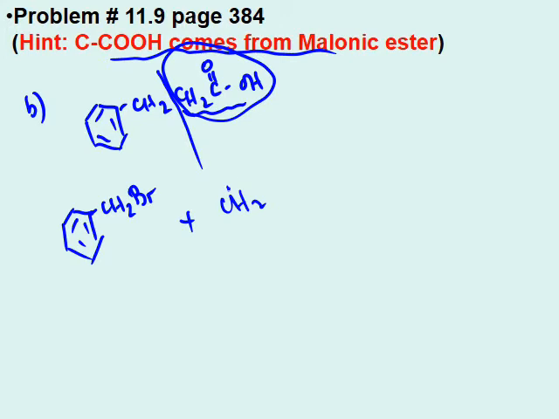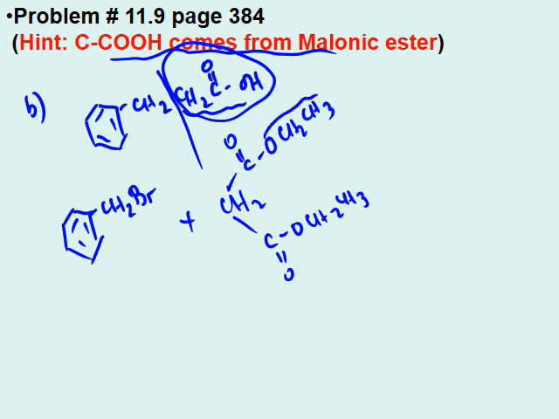There are two ester groups, C double bond O, OC2H5, which is the same as OCH2CH3. In the book they often write just Et, which means the ethyl group, so you don't need to worry about this big group. But since this is the first malonic ester problem I'm doing from the homework, I'm showing the whole thing. If you want, you can abbreviate it to Et, the ethyl group.